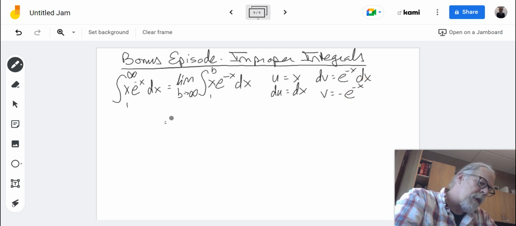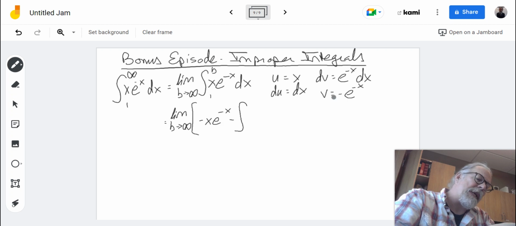So this becomes the limit as b goes to infinity of u times v, negative x e to the negative x, minus the integral of v du, which is negative e to the negative x dx, evaluated from 1 to b, and everything evaluated from 1 to b.